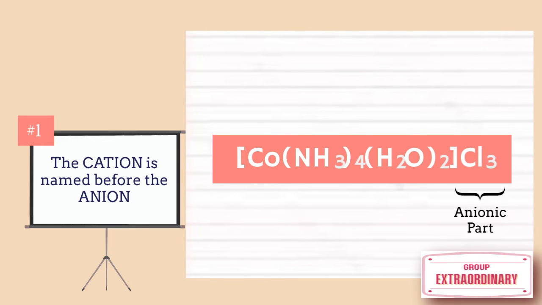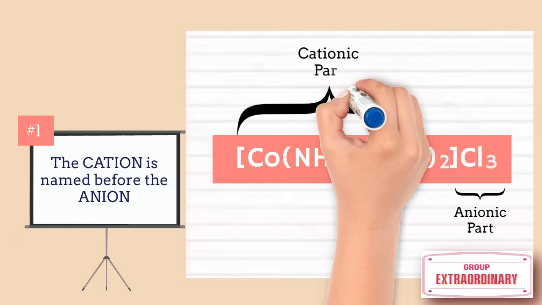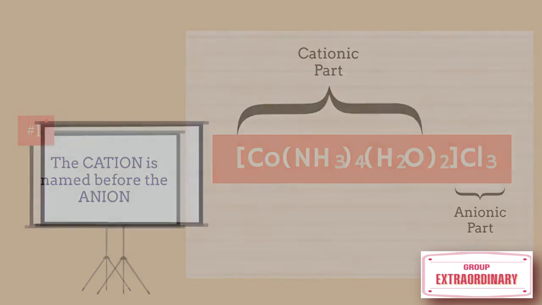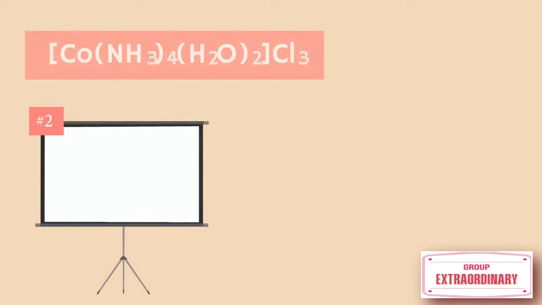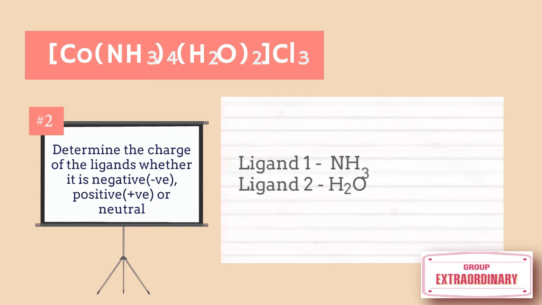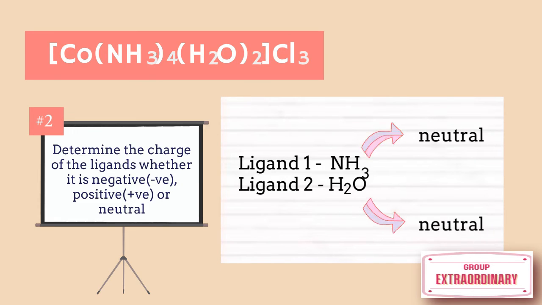It means the compound in the bracket is the cationic part, which means it is positively charged. Now, let's identify the charge of the ligands according to rule number 2. In this compound, there are two ligands which are ammine and water. These two ligands are neutral, so we do not need to change the suffix of the ligand.